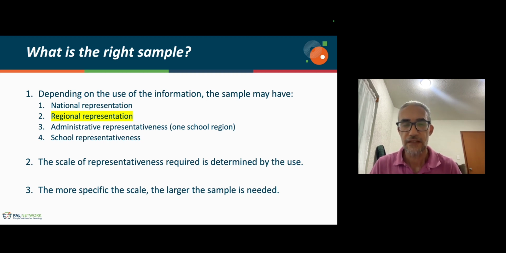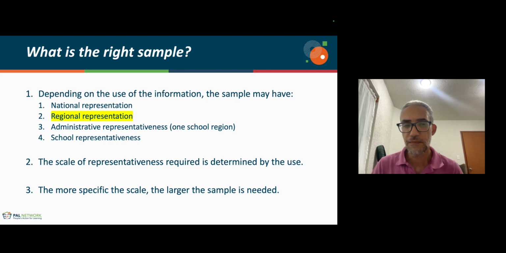In our case, in the Mexico case, we chose regional representation because we do not have the capacity to design and develop a national representation, but we really have the capacity to implement regional representation and move from state to state.